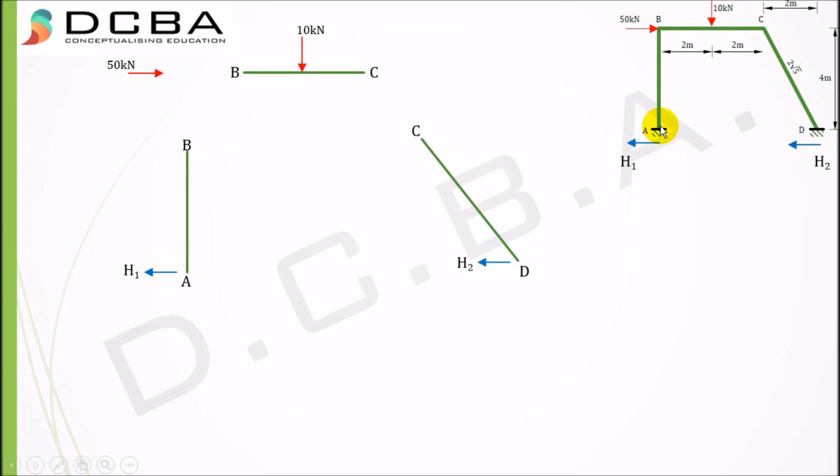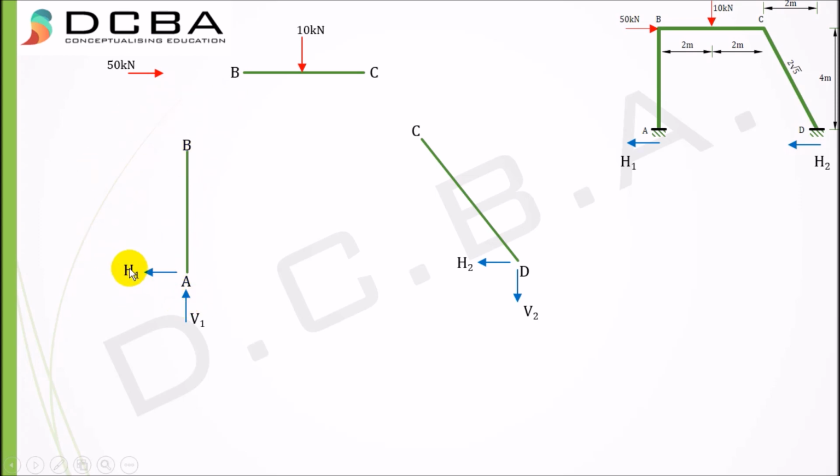At joint A, since it's a fixed joint, along with this horizontal reaction, we will have two more reactions, that is a vertical reaction and a moment. So I'll draw a vertical reaction, again assuming the directions randomly. I have assumed one vertical reaction, and this reaction is downwards. So it can be anything. Now since this H1 is going to the left, the reactions at B would be exactly opposite.